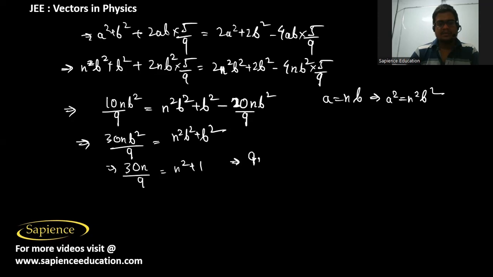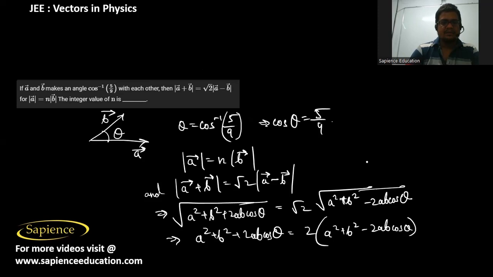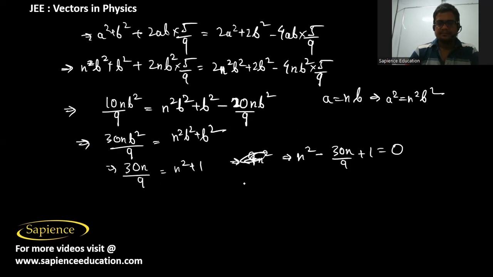So therefore n square minus 30n by 9 plus 1 is equal to 0. So we have to find n, and n should be an integer. Therefore n will be equal to minus b plus or minus square root of b square minus 4ac, by 2a.